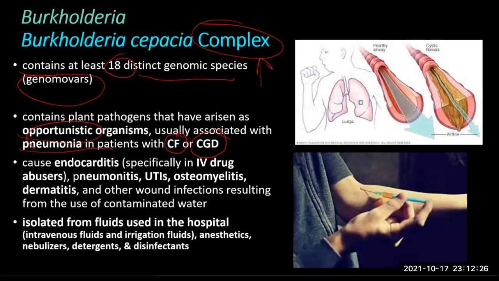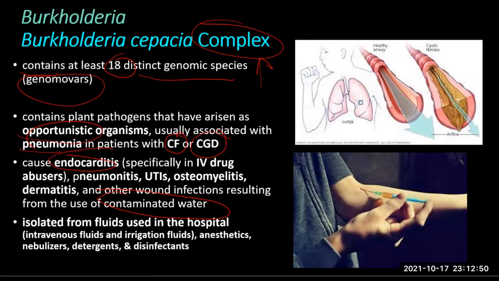These organisms can cause endocarditis, especially in IV drug users, pneumonitis, osteomyelitis, UTIs, and dermatitis, and other wound infections resulting from the use of contaminated water. We should be very careful when using water. If we don't know the source, then refrain from using it.